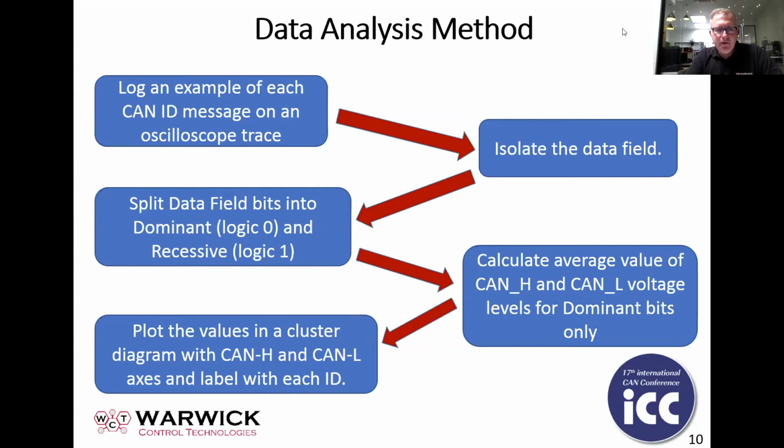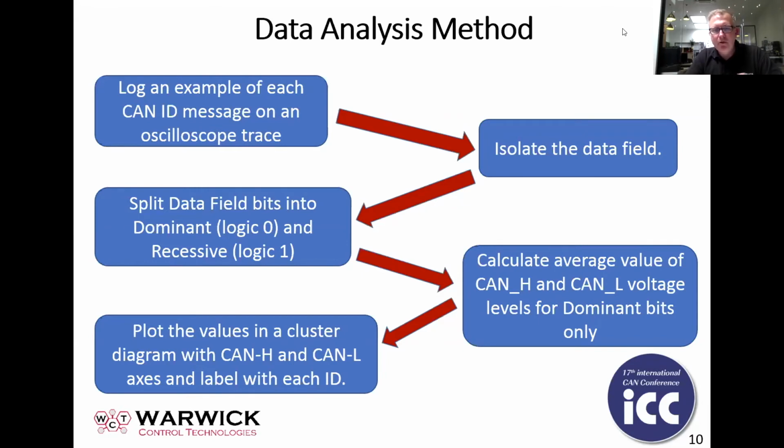Once we've got the data field, we then split this into the portions which are dominant and the portions that are recessive. At that point we have a group of samples, and of course there is going to be some noise in the signal. So we calculate an average, and depending on the type of noise you see in the network, sometimes you can use a mean, or sometimes you can use the modal average.